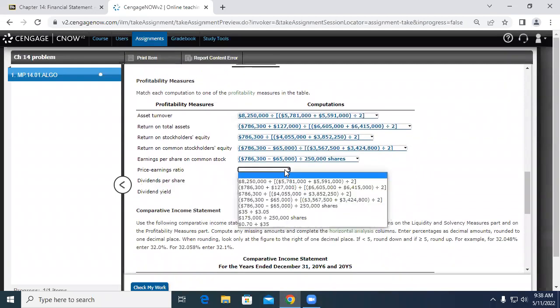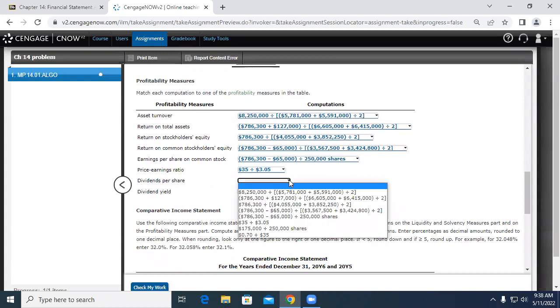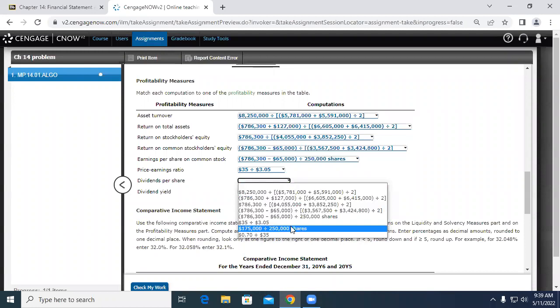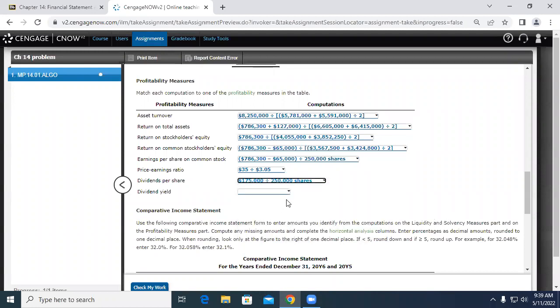The PE ratio is the price of the stock divided by the earnings per share. The dividends per share is the total dividends divided by the number of shares.